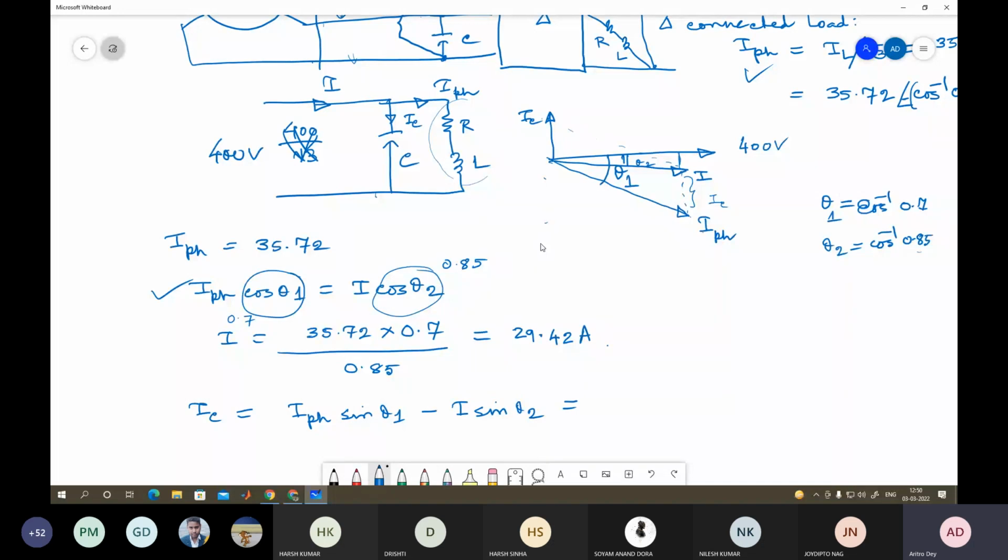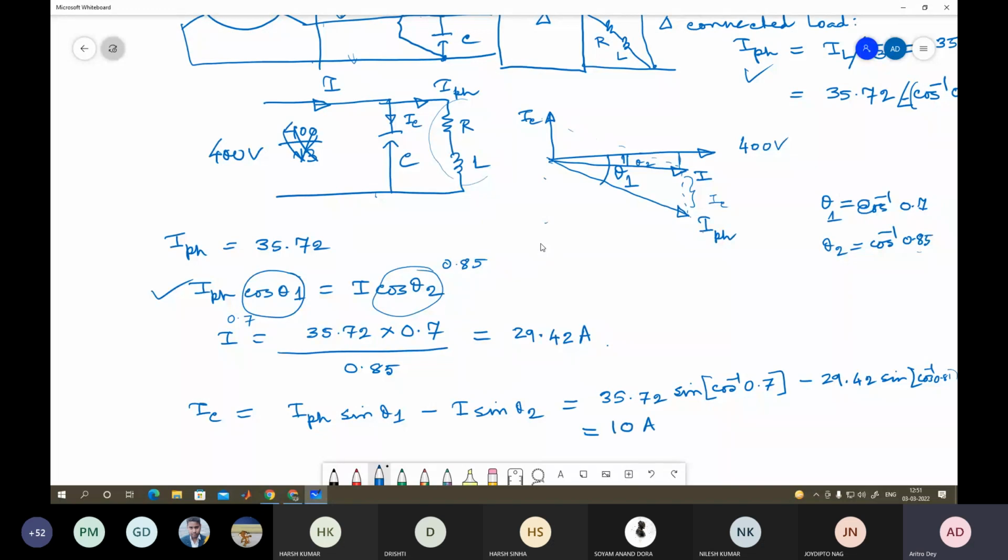So this is going to be 35.72 times sine of cos inverse 0.7, minus 29.42 times sine of cos inverse 0.85. If you solve this, it will come out to be 10 ampere.